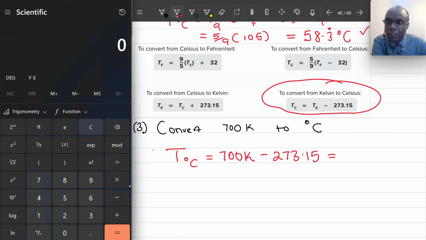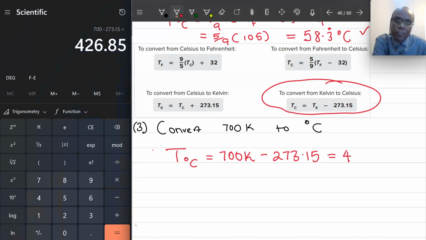So I'll clear my calculator and say 700 minus 273.15. The answer this calculator is giving me is 426.85 degrees Celsius, and I can keep it like that.